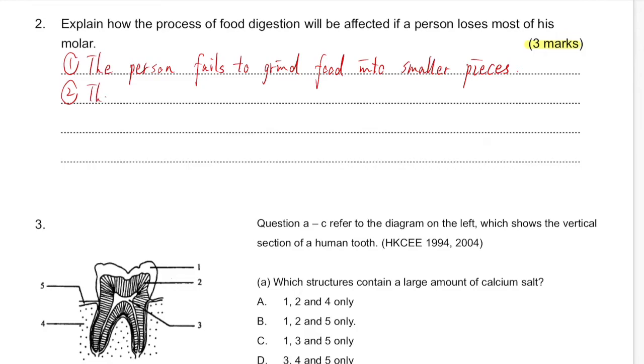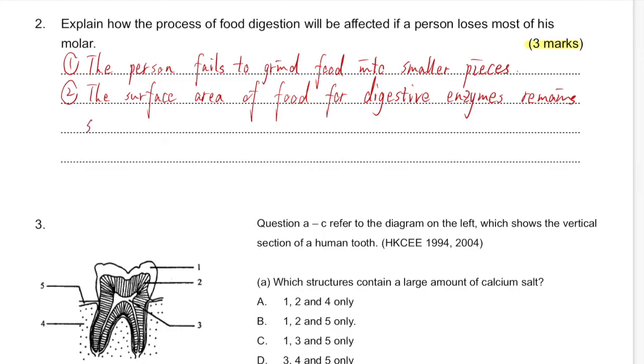So the surface area of food for digestive enzymes to work on remains small, or we can say it increases less.